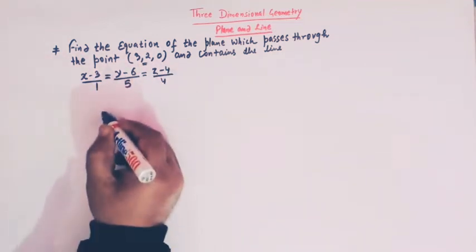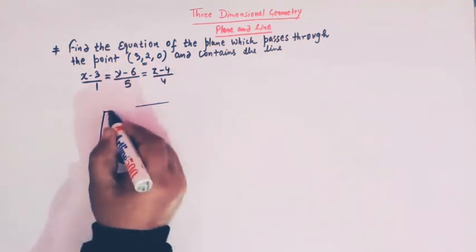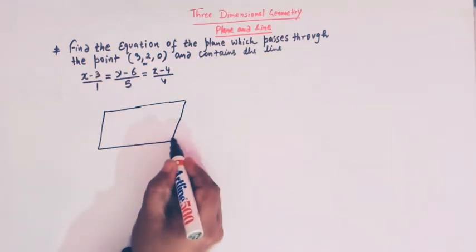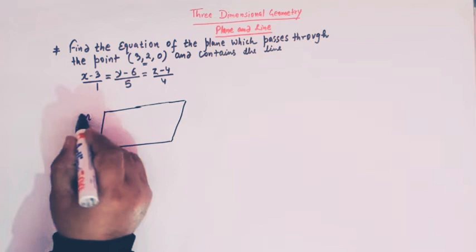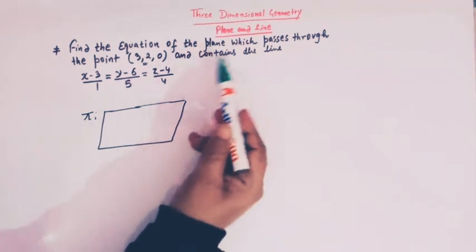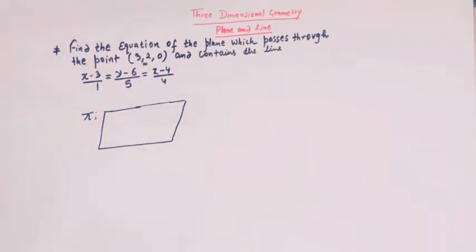Suppose we take the plane like this, and this plane may be denoted by the letter π. Here we have the point through which this plane passes.